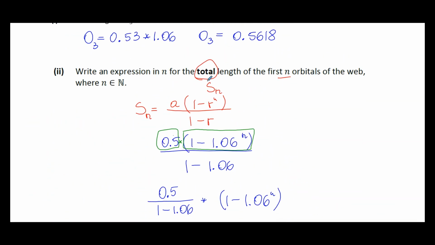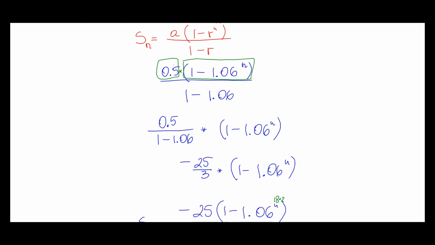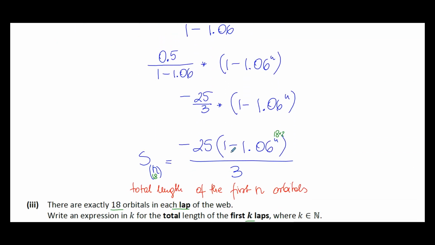Total length of the first n orbitals. So total length of the first 6 orbitals, of the first 7 orbitals, of the first 18 orbitals. Replace the letters with specific numbers, and then you get the idea.